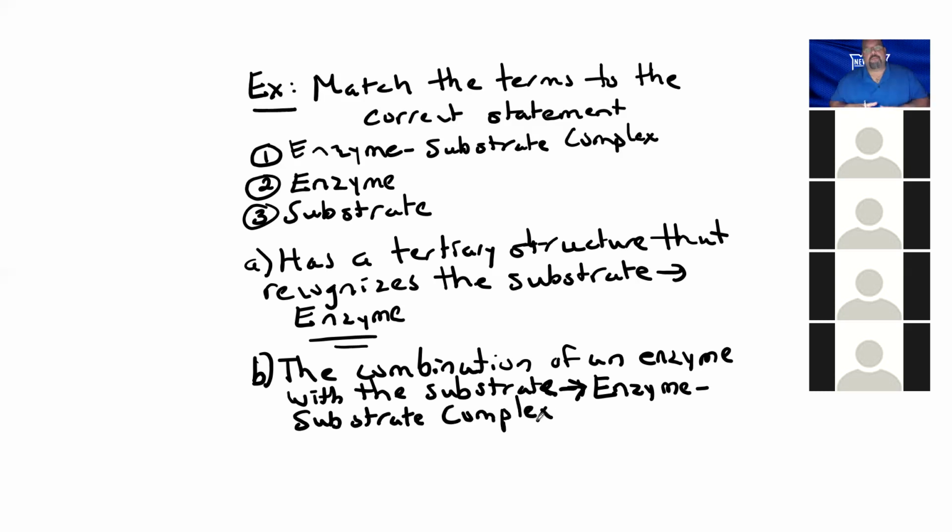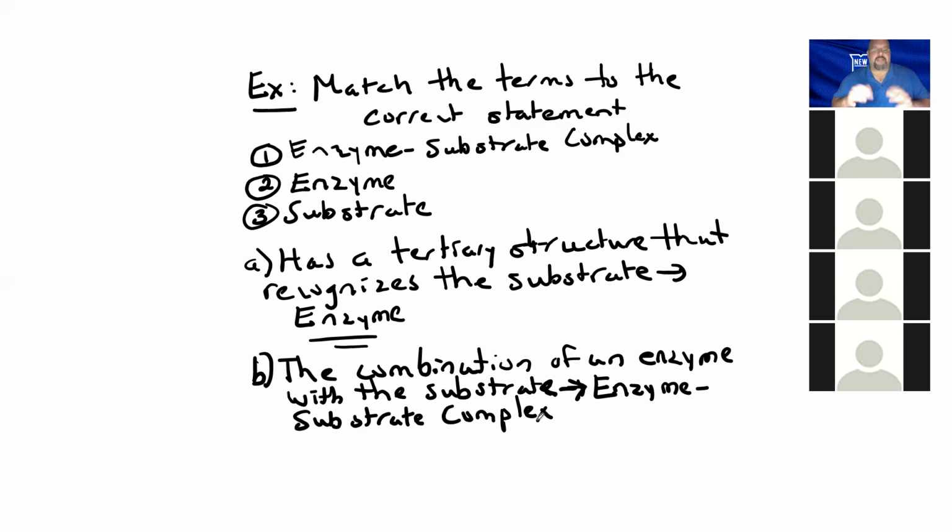And keep in mind, it's only when you have this enzyme substrate complex that your reaction has an alternative pathway that has a lower activation energy associated with it. Remember, what do enzymes do? They make reactions go faster. How do they do that? They do that by lowering the activation energy for a reaction.